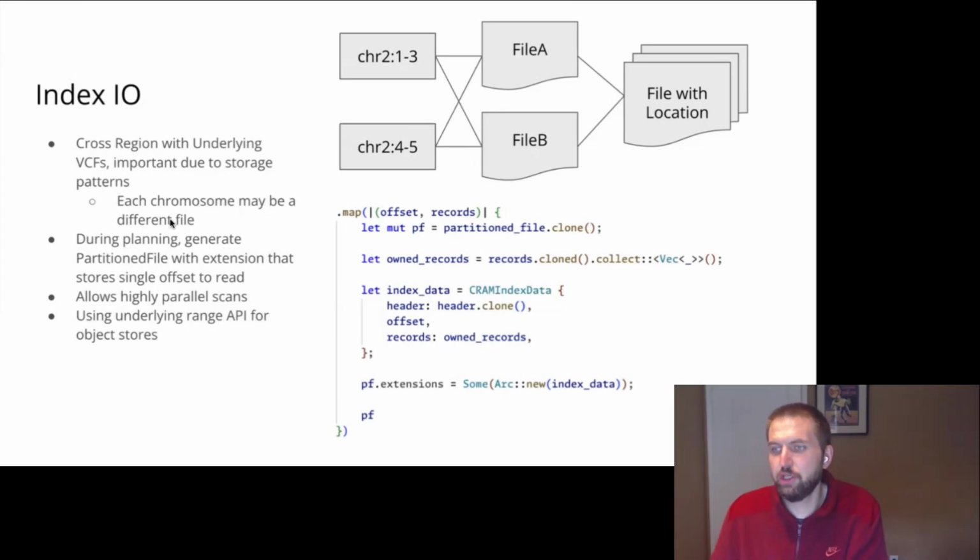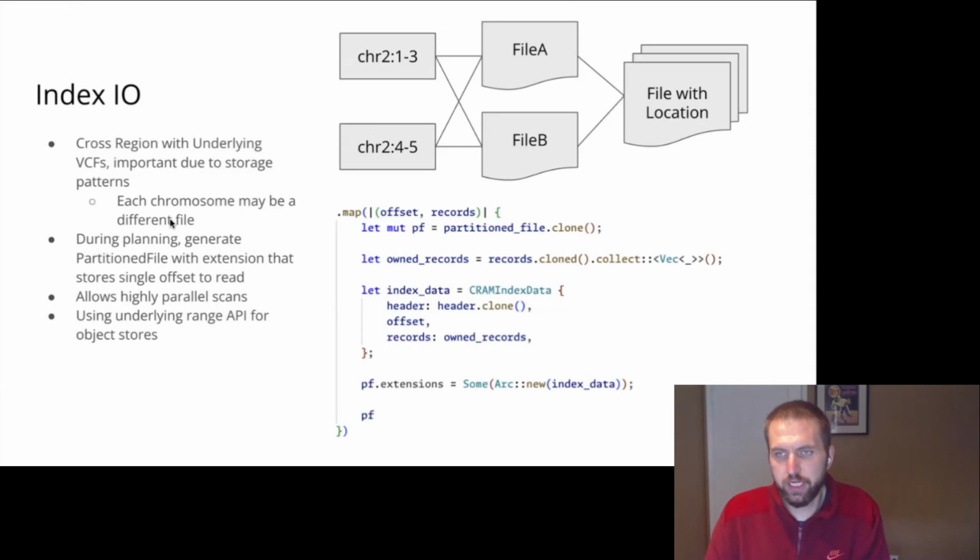So you might have the entire human genome, or somebody's genome, that you want to query, but what it actually looks like in practice is say 23 different files, each for a different chromosome. And so you really want to be able to treat those as one contiguous table.